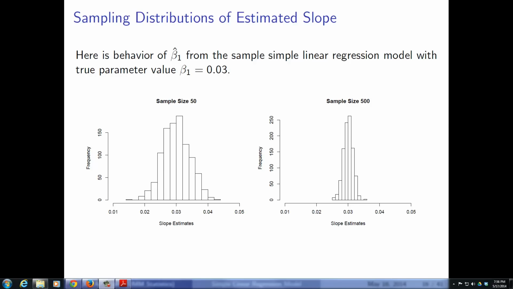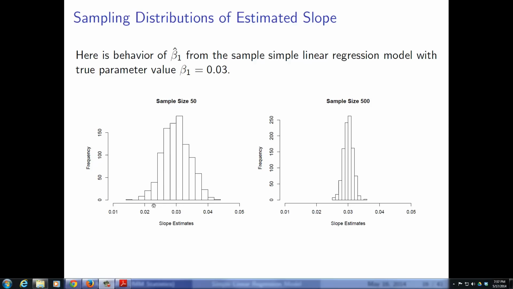From each scatter plot that I created, I made an estimated slope. And I used R to come up with a guess for what the right slope should be from that scatter plot. When I have only 50 data values, you'll notice a very interesting bell-shaped pattern for my estimated slopes.